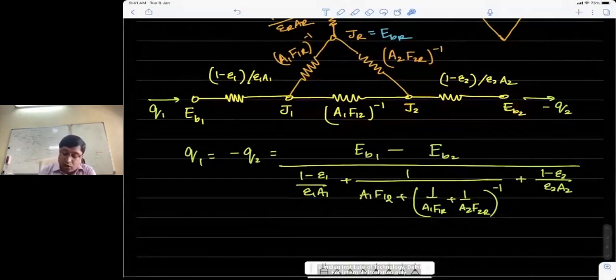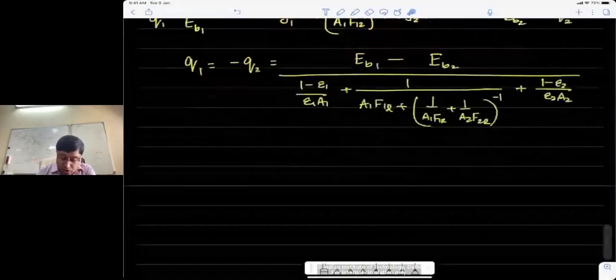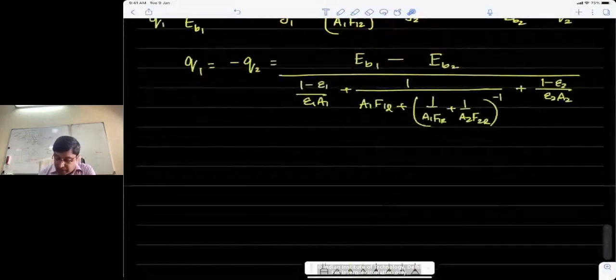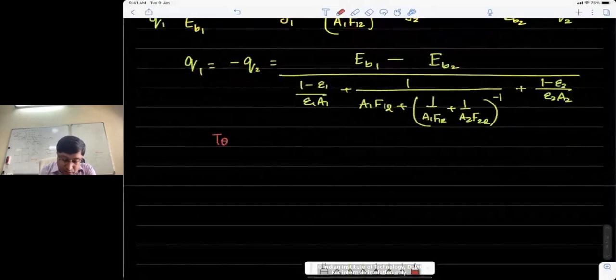But what if I have to calculate JR? How do we calculate JR now? So to determine JR and surface temperature TR, that is what is the question.